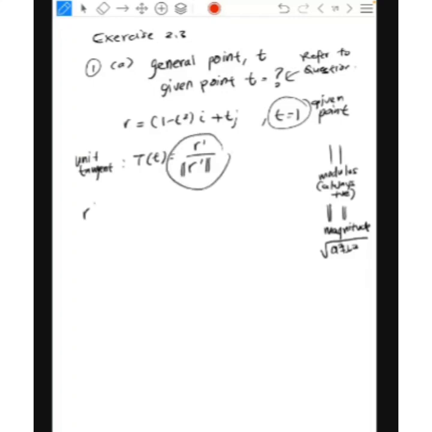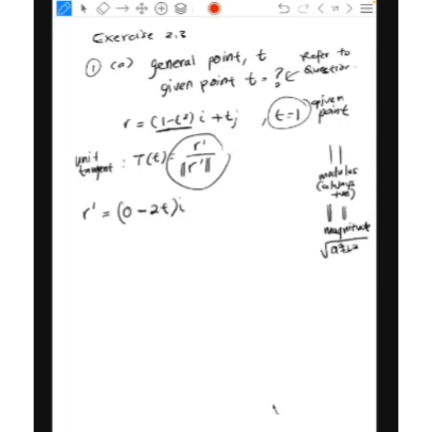First of all, we have to find r prime. So r prime means we differentiate our r. For 2.3 and 2.4, it is differentiation and also integration. Differentiation and integration are very important. To differentiate, you must differentiate by terms. First, you have 1 minus t squared. Differentiate 1 and you get 0. Differentiate t squared and you get 2t, but there is a negative, so negative 2t.